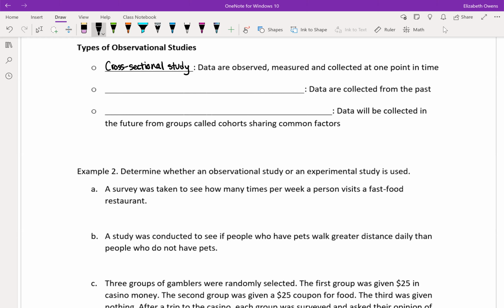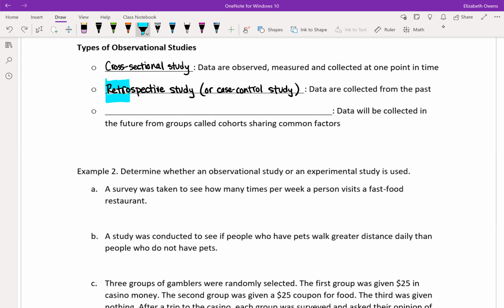Now, the next one is called a retrospective study. Or you might hear this referred to as a case control study. I think I've heard retrospective more often, and I kind of like it because it tells you what's going on in that type of study.